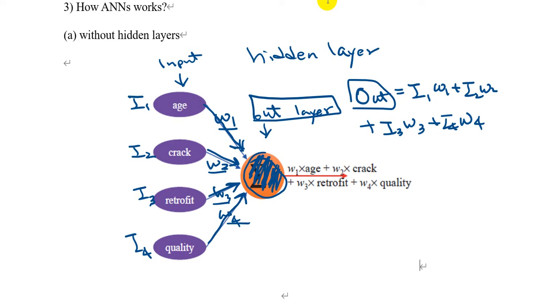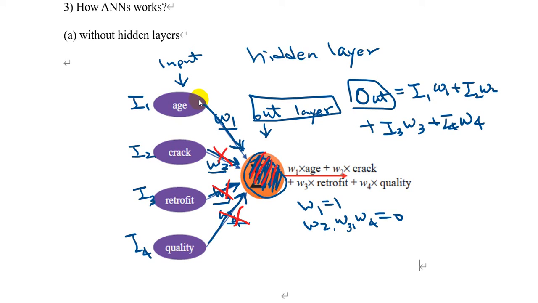Therefore, we assume W1 equals 1 and W2, W3, W4 equal 0. What that means is that the influences of I2, I3, I4 on the output vanish, because W2, W3, W4 are all zeros.